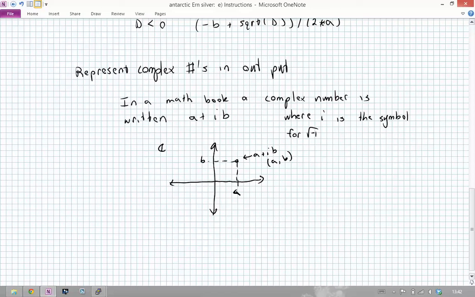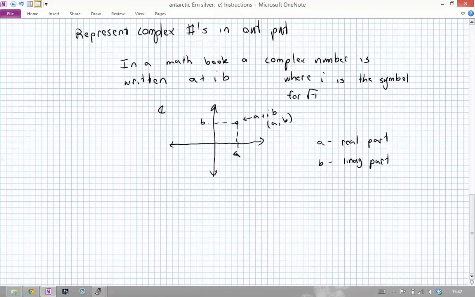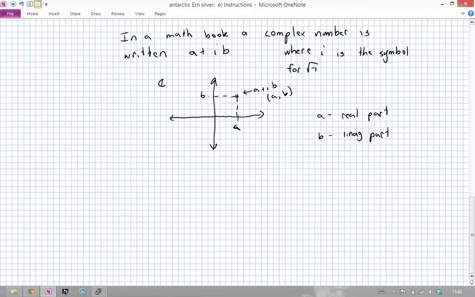And there's a whole algebra about how to multiply and add and divide these things, which I'm not going to go into. For our purposes, all we care about is the real part and the imaginary part. a is called the real part, and b is called the imaginary part. So let's look at what happens when d is less than 0.